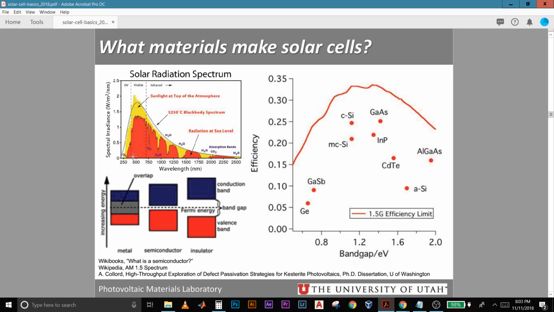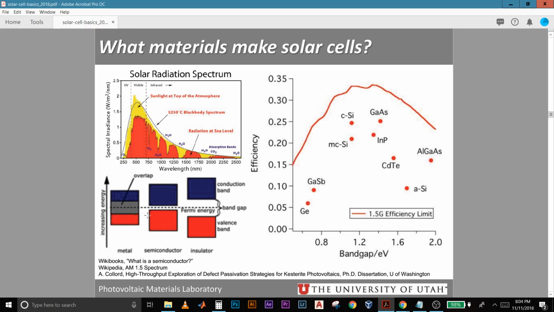We start out with this yellow band at the top of the atmosphere, and then we are left with this red band of the solar radiation at sea level that we have to work with. And we have to make sure that we can improve the efficiency of the photovoltaic technology sufficiently so that we can make the best of absorption and conversion of those absorbed photons to electric current based off this red graph.